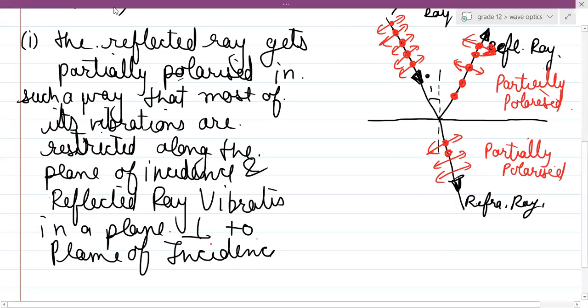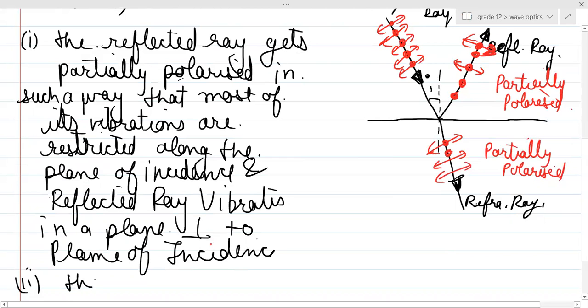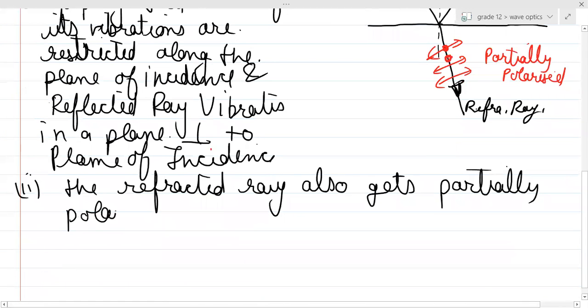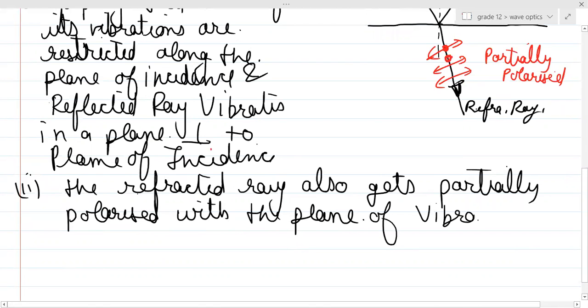The second point I'll write: the refracted ray also gets partially polarized, with the plane of vibration, or basically the vibrations, in the plane of incidence.